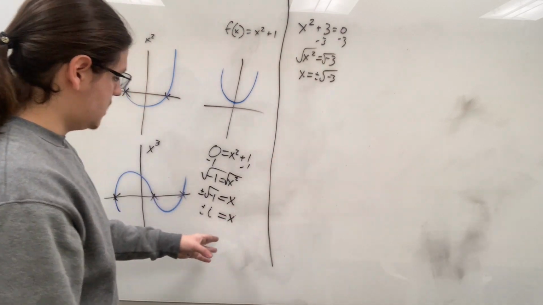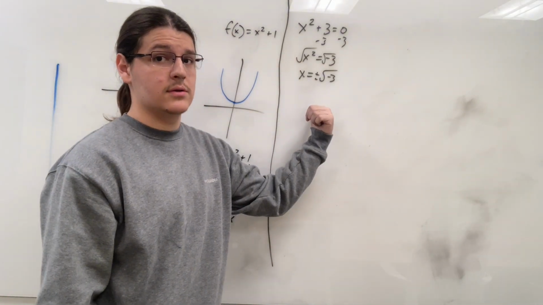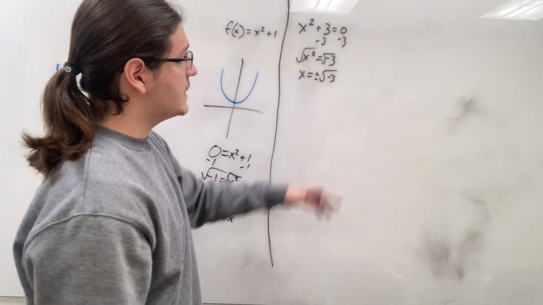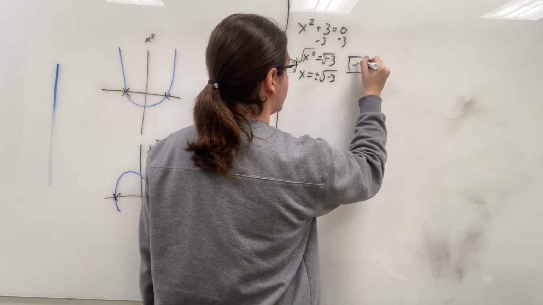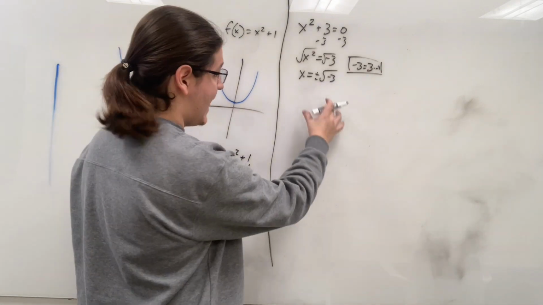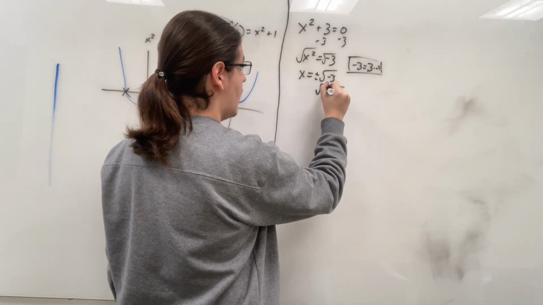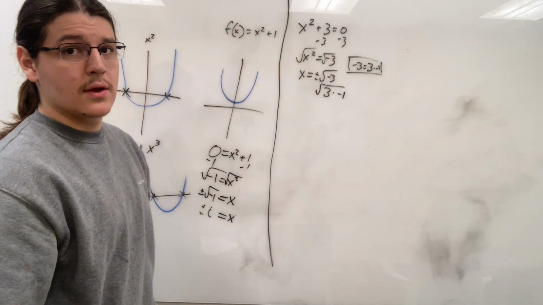And now what? Because this is not just 1, this isn't just i. Now recall, we can simplify the inside of roots. Negative 3 is the same thing as just 3 times negative 1. So we can have this radical right here be the square root of 3 times negative 1.